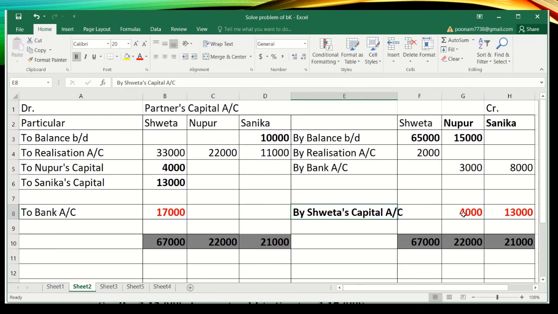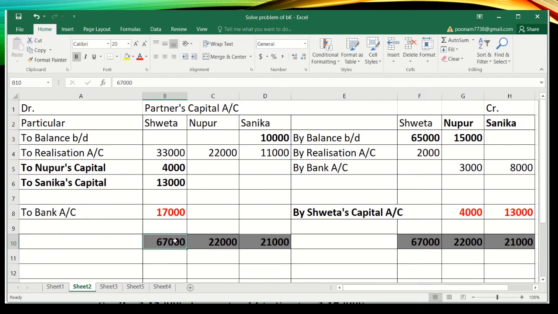Now this amount will be borne by Shweta. So it's a loss for Shweta. In Shweta's column I will write 4,000 and 13,000 individually, which are from Nupur's capital account and Sanika's capital account, you can see. So I have transferred it here. Now I can close Shweta's capital account. Shweta's debit total is 50,000 and credit total is 67,000.